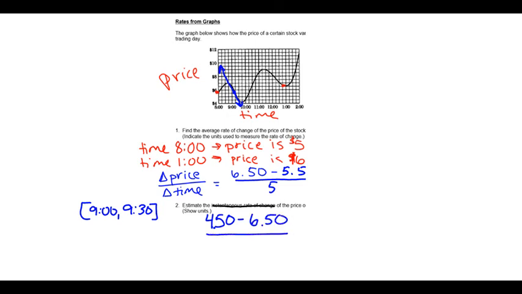And the amount of time that has elapsed from 9 to 9:30 is half an hour. So when we evaluate this, we get -2 over 1/2, which is equal to -$4 per hour.